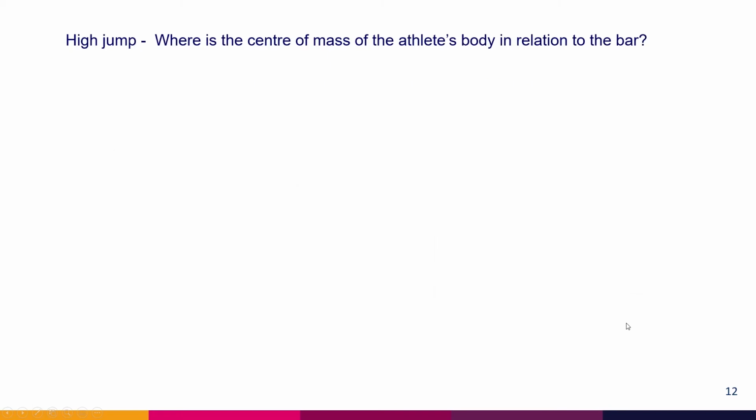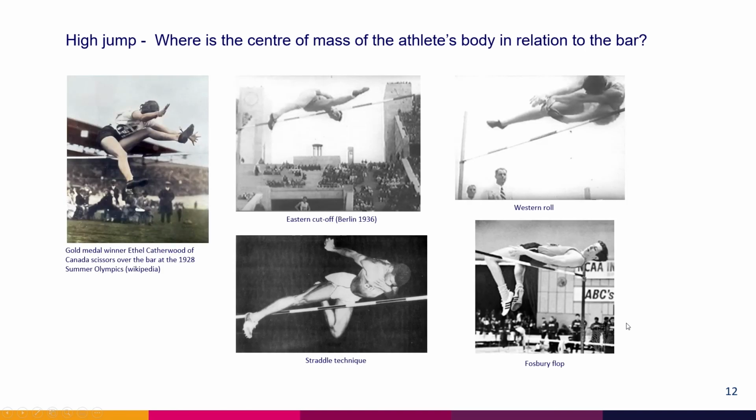Let's look at that in a little bit more detail and look at the example of the high jump. I want you to think about where the center of mass of the athlete's body is in relation to the bar. Here are some images of the different techniques that have been used over the past 100 years or so to do the high jump, from 1928 down to about 1968 here, and present technique.